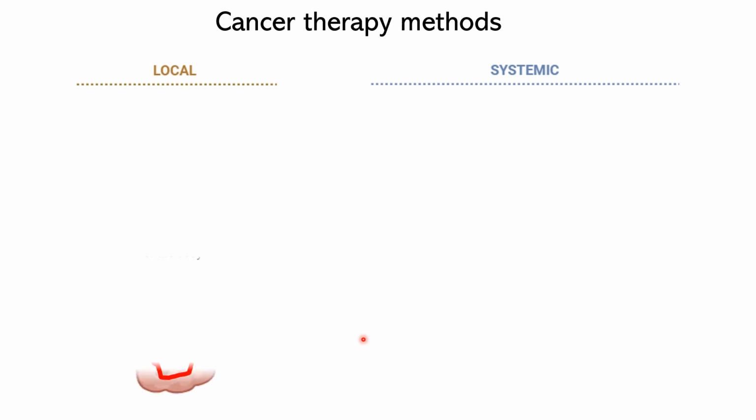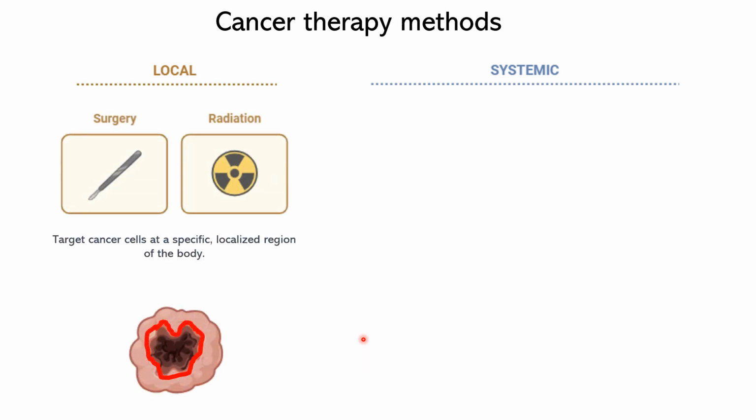So now we come to understand the strategies and methods that are used in cancer therapy. These methods and strategies depend on what type of cancer you have and whether it's local or systemic cancer. When we say local cancer, it means that the cancer cells are localized at a specific region of the body.